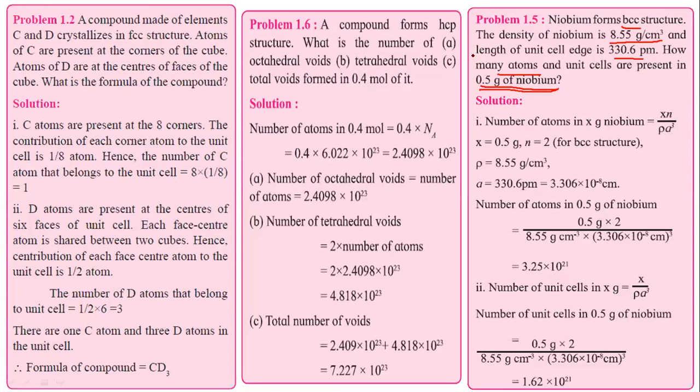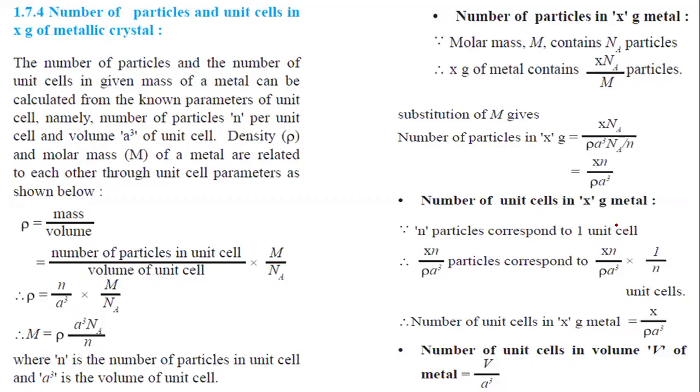Number of atoms in x gram of niobium is x into n divided by rho a cube. This is the formula. We have to remember this formula.